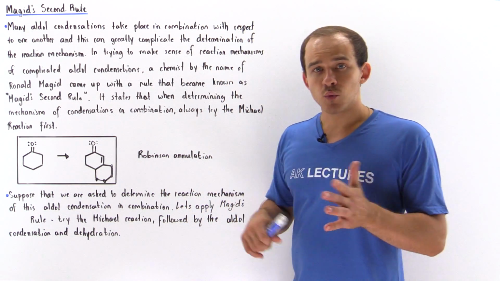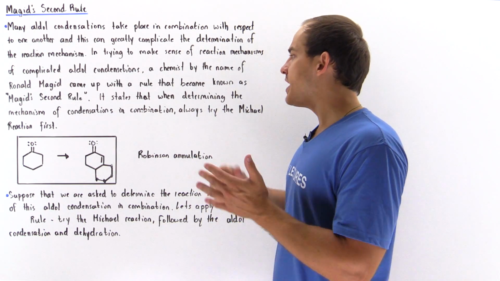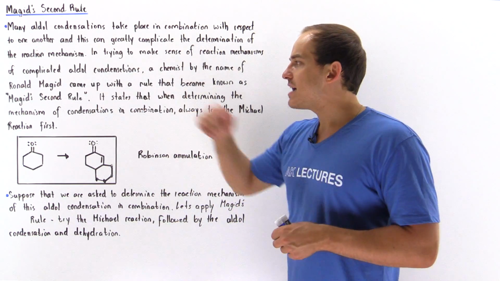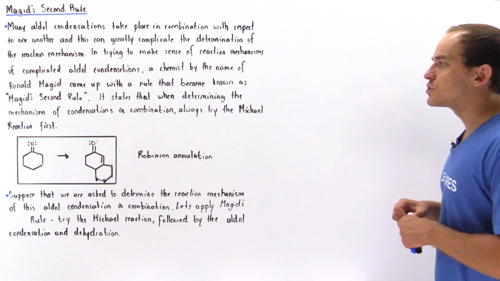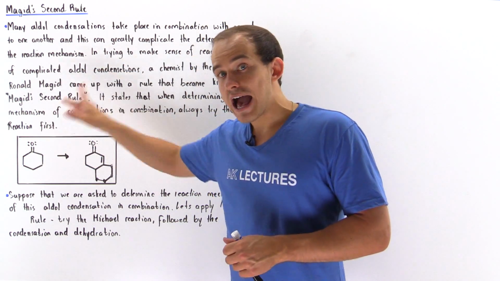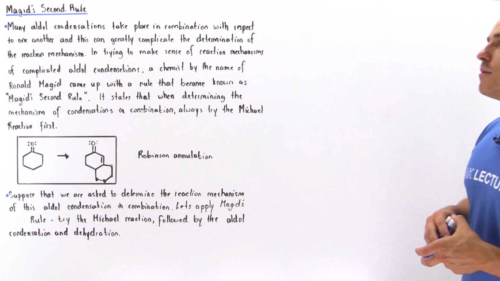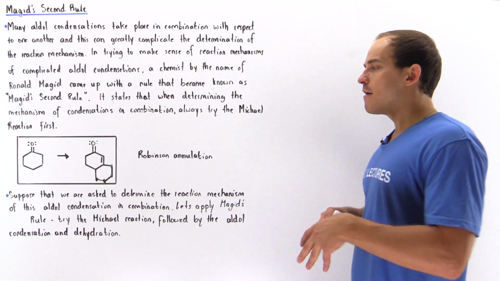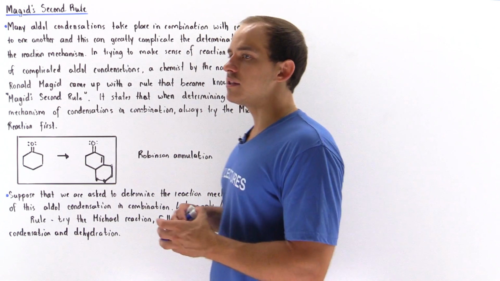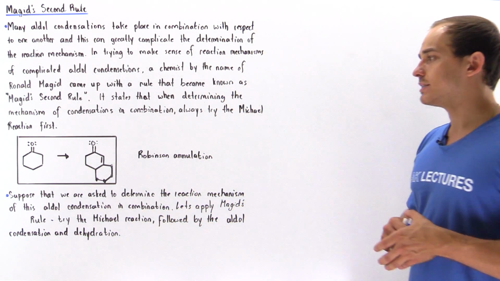This doesn't always work, of course, but it works most of the time, and so we use it very often. Madgett's second rule basically states that when determining the reaction mechanism of aldol condensations in combination, always try the Michael reaction first, followed by the aldol condensation, and see if that gives you the product that we want.